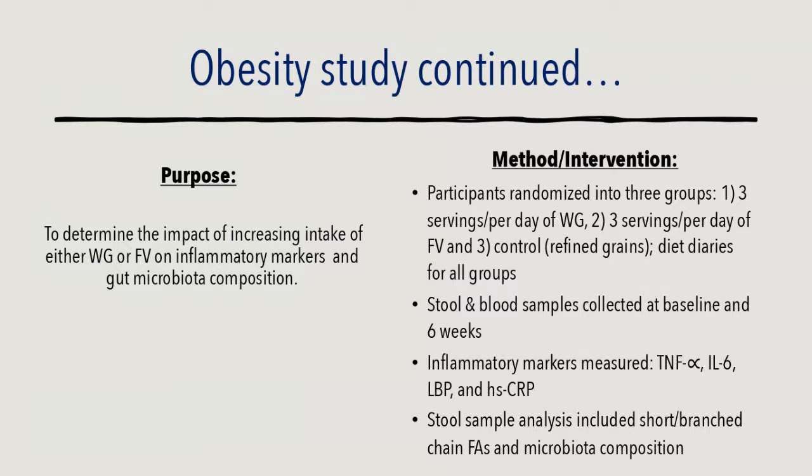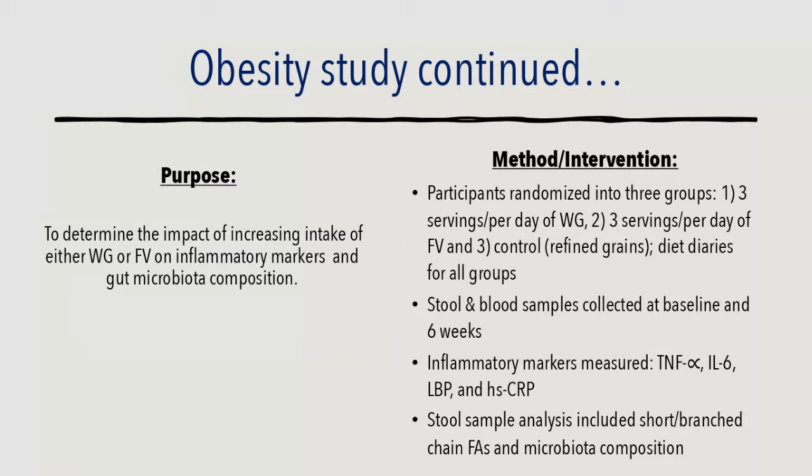With this study, the treatment foods in these different intervention groups were implemented into their normal diet, so it was more of a supplemental idea. And they did use diet diaries for all groups to monitor how much they were eating.